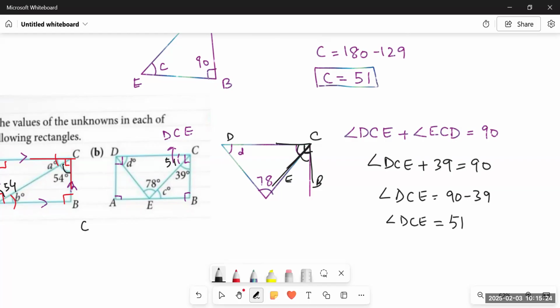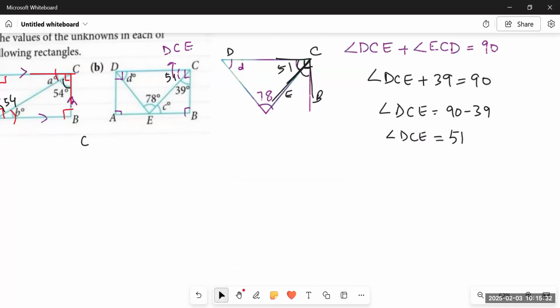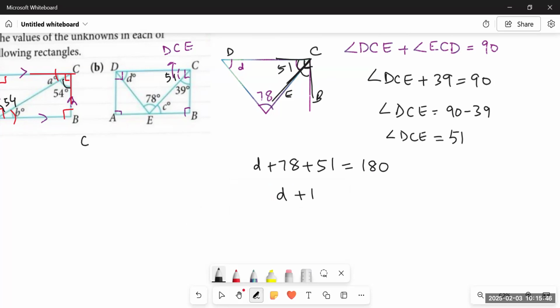And if this angle is 51 degrees, now we just have to find the third angle, which is angle D. We can easily find this angle now because angle D plus 78 plus 51 are enclosed in a triangle, so they would have a sum of 180 degrees. So first we will add these two angles. It would be 129.